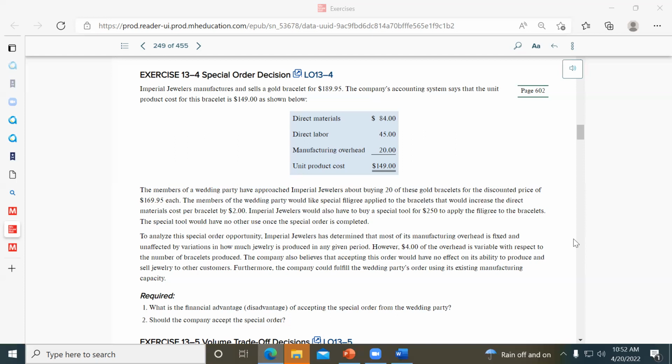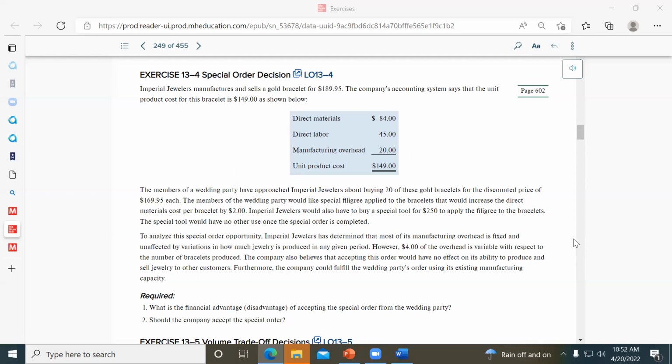To analyze this special order opportunity, Imperial Jewelers has determined that most of its manufacturing overhead is fixed and unaffected by variations in how much jewelry is produced in any given period. However, $4 of the overhead is variable with respect to the number of bracelets produced.